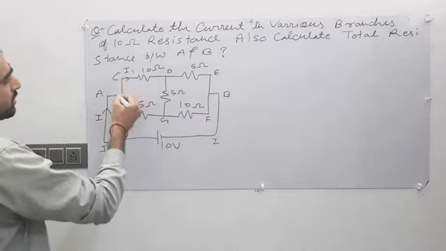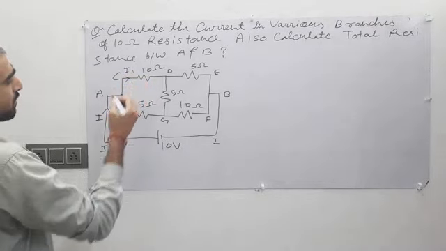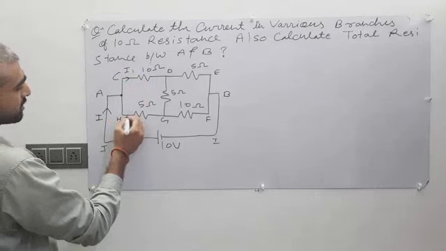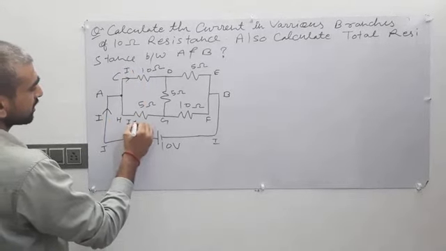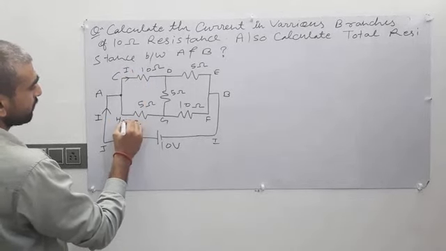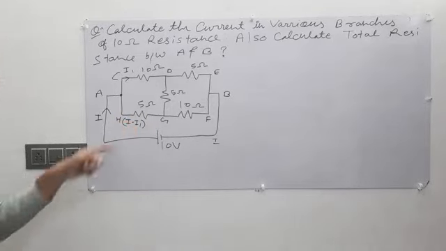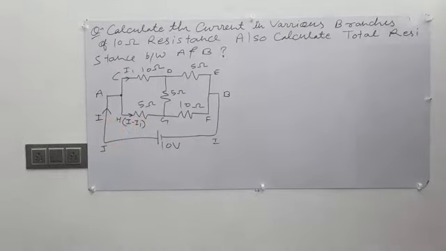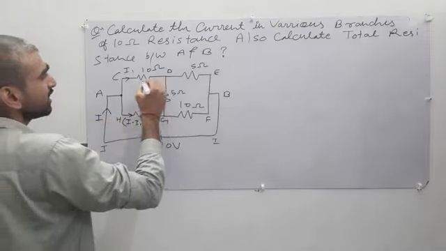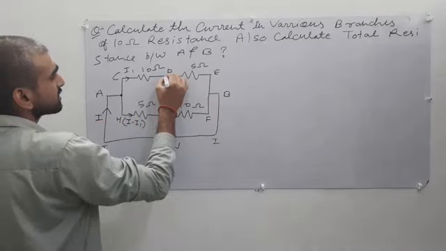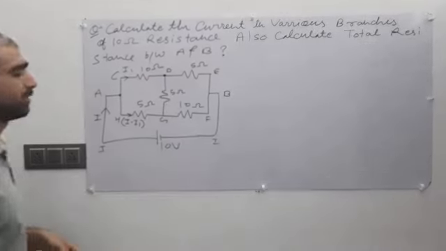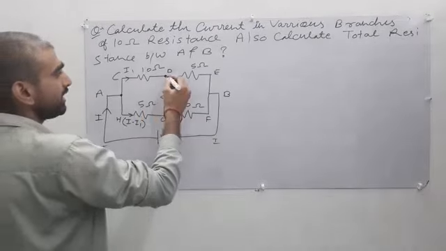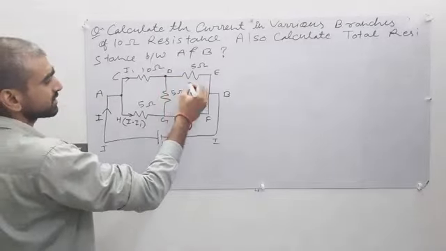So we assume the current going into this branch is I1, then the remaining current in this branch will be I minus I1. Okay, any problem? Now, again, when the current reaches this point D, the current divides into two branches.